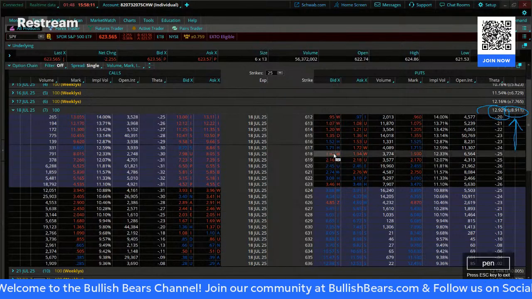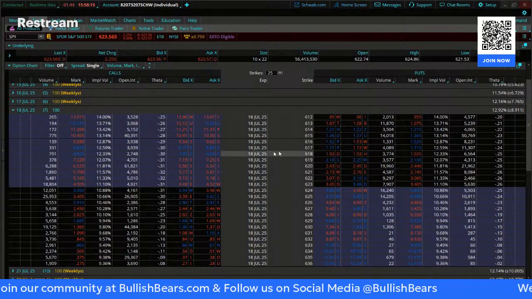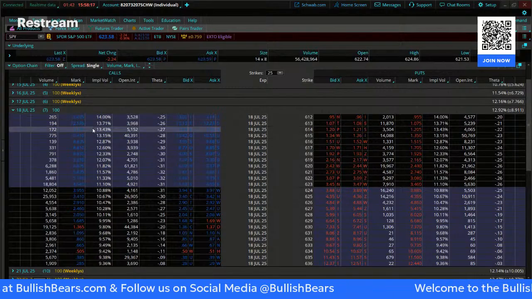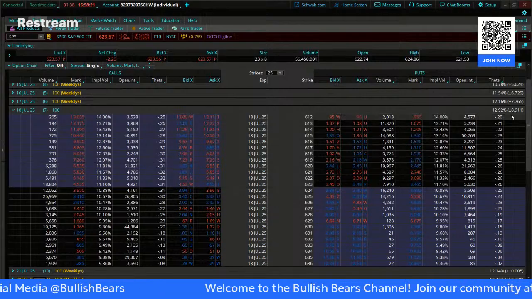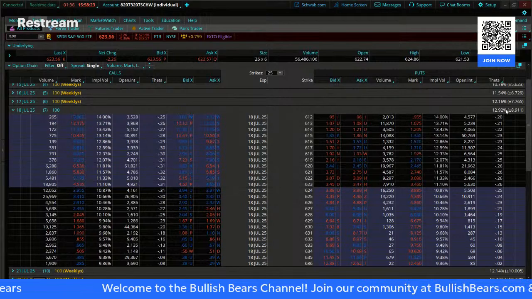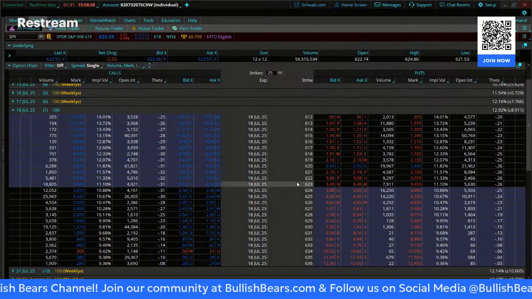Correct. Yep, that is absolutely correct. So right now, SPY's expected move for next Friday is $8.91. We would round that to $9, and we'd say next week's expected move is $9.